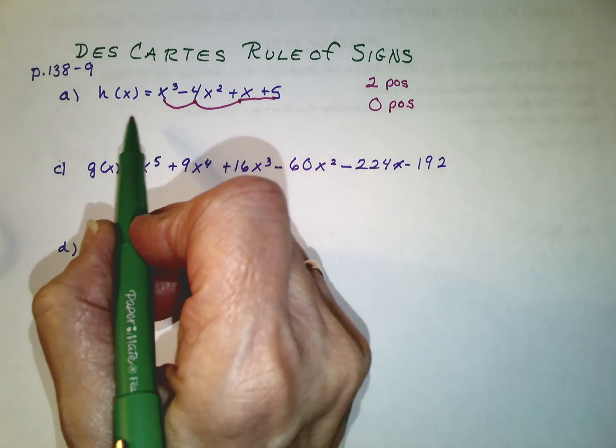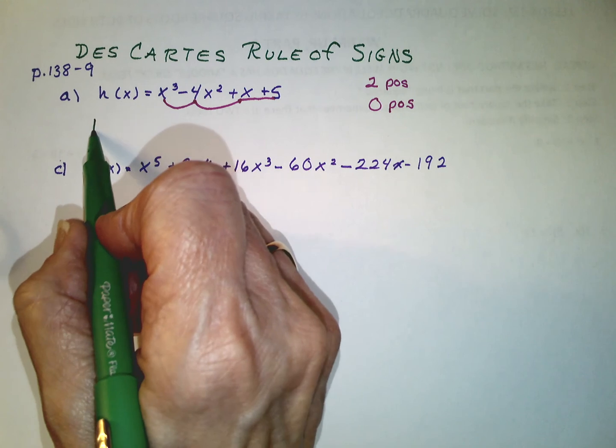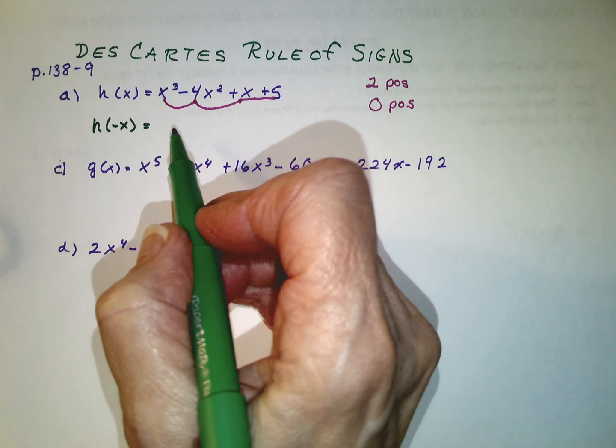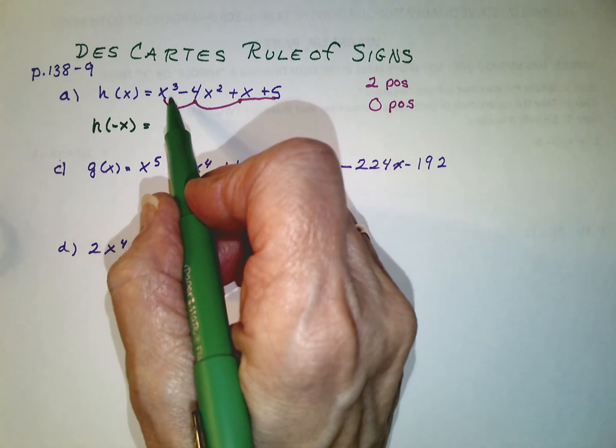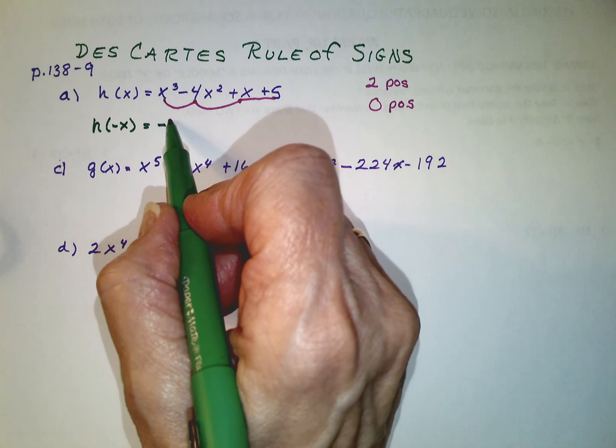Then to check out the negative roots, that's where we put a negative x in and count the signs. So we put a negative x in and cube it. A negative number cubed is going to come out negative.